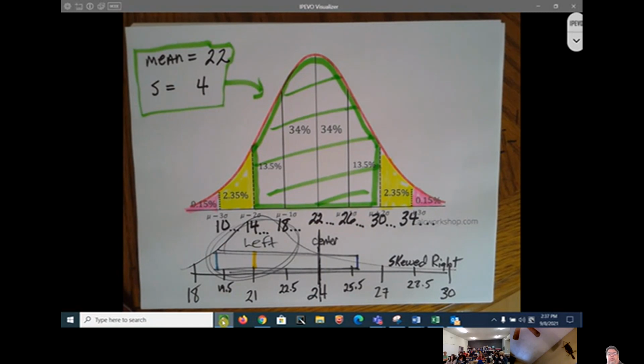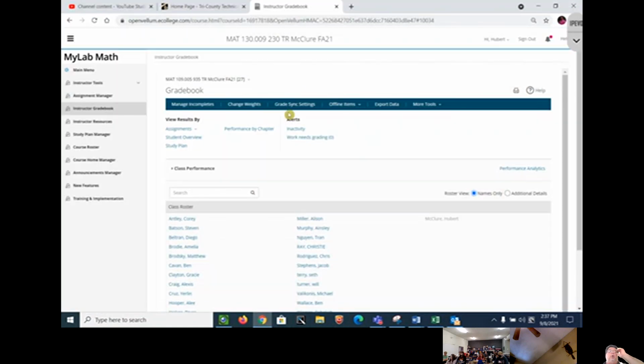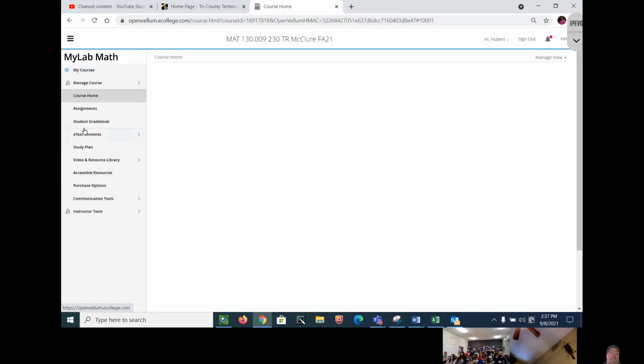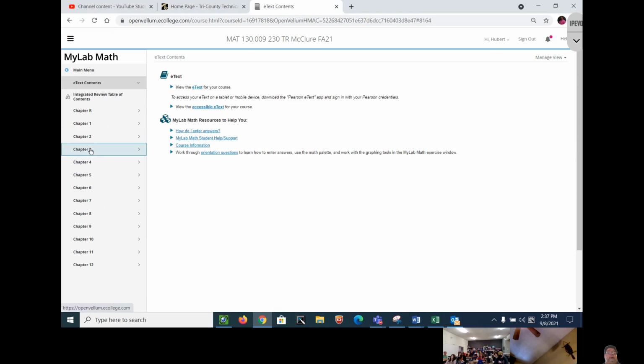Now, there's one more thing I want to talk about with the quartiles, and that is the interquartile range. Let me find the text.